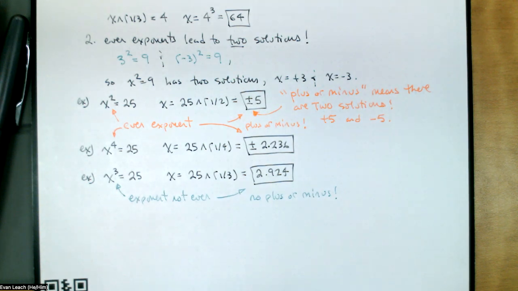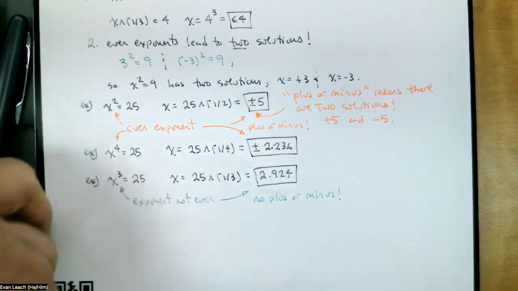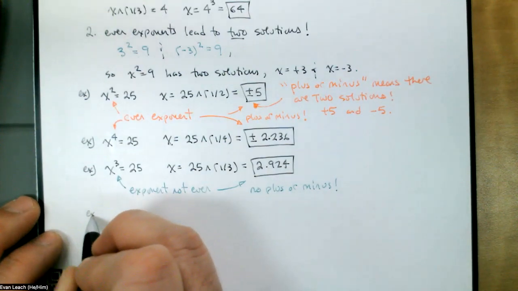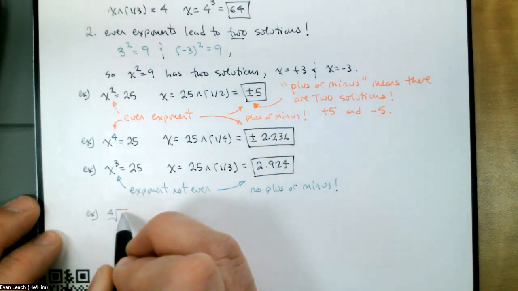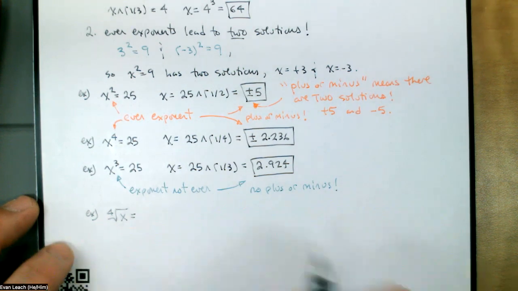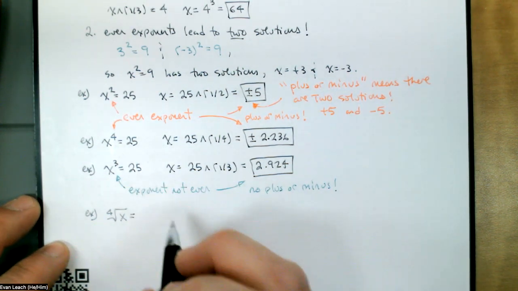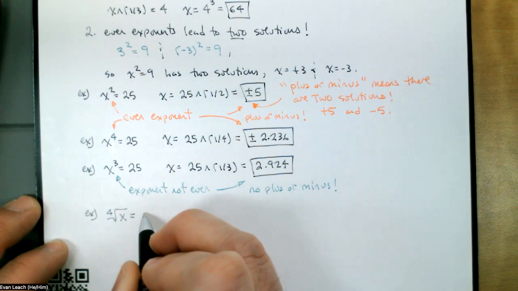When we talk about even and odd, you're only talking about integers. So if my equation has a 4th root of x, let's go 4th root of x is equal to 2.